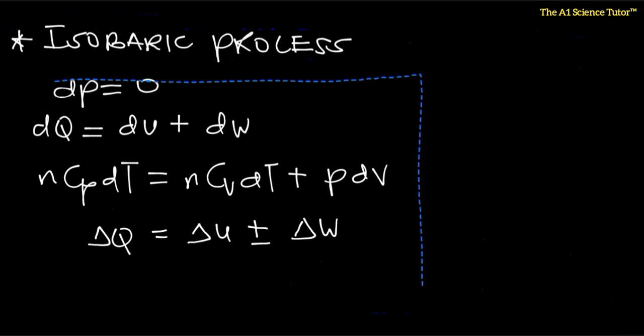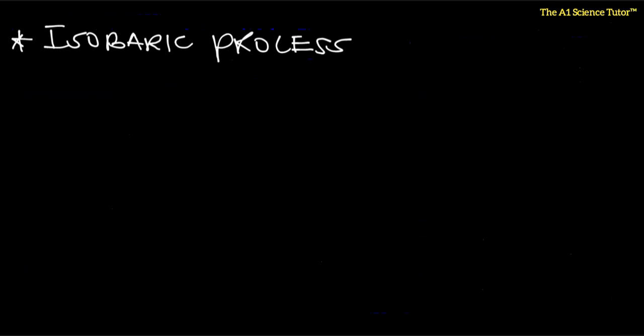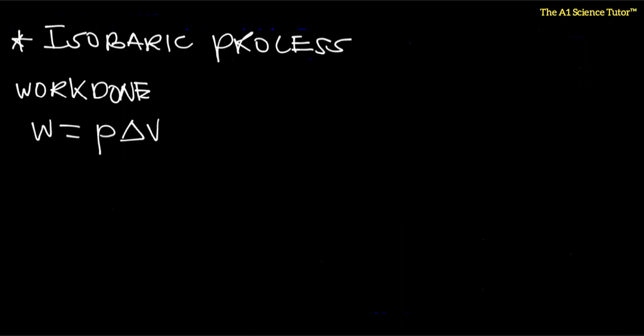Well, what will be the work done under an isobaric process? For an isobaric process, the work done is basically P dV. Now we know what dV is. dV is equal to the change in volume, which will be V2 minus V1.